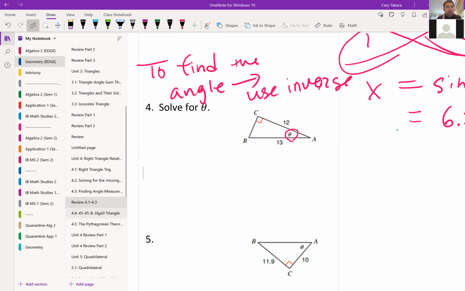But the first couple of steps are the same, right? You have to label, you still have to set up an equation, okay? But you do not cross multiply. If you're cross multiplying, then you need to stop because you don't want to do that, okay?